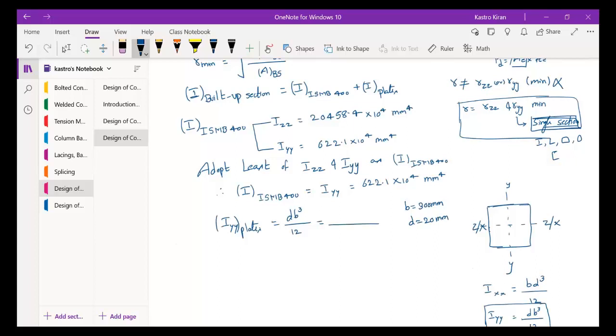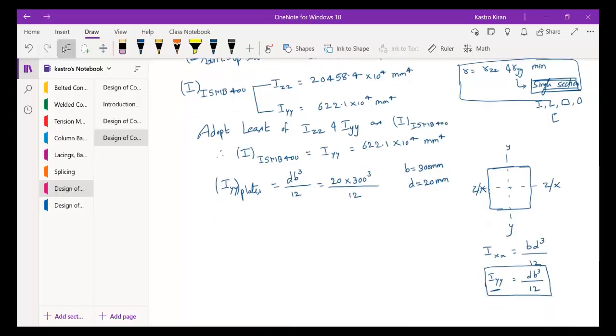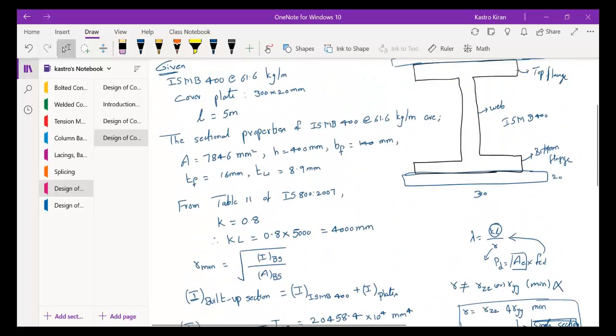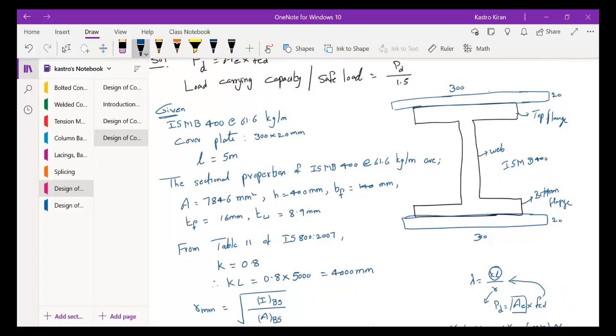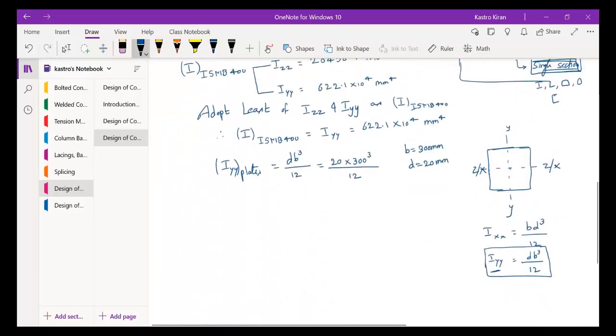The formula is D, that is 20, into B cube, which is 300 cube, upon 12. If you solve this, you will get the IYY of plates. But here you have to remember one thing: how many plates are we using? We are using two plates, one plate on the top and the second plate at the bottom. So you have to multiply this value with 2.